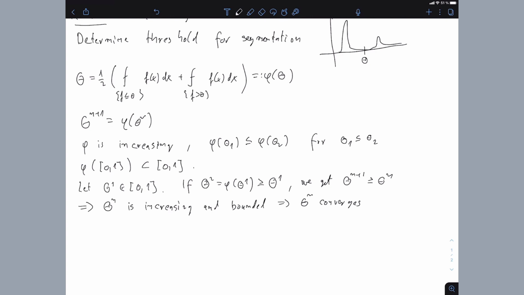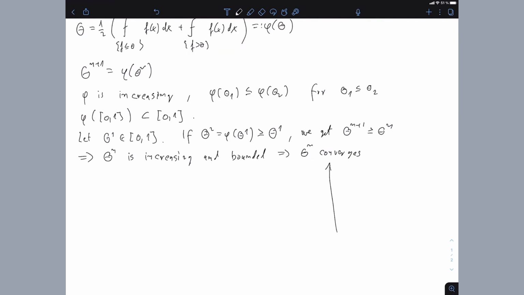Okay, so what is the situation? We have a bounded sequence, so that means there is some interval in which everything happens. All of these things are inside this interval. Here we have 0, here we have 1. And now we put in our thetas. We know it is increasing.